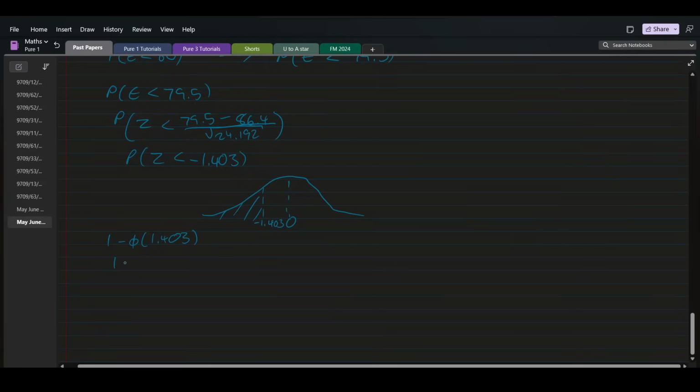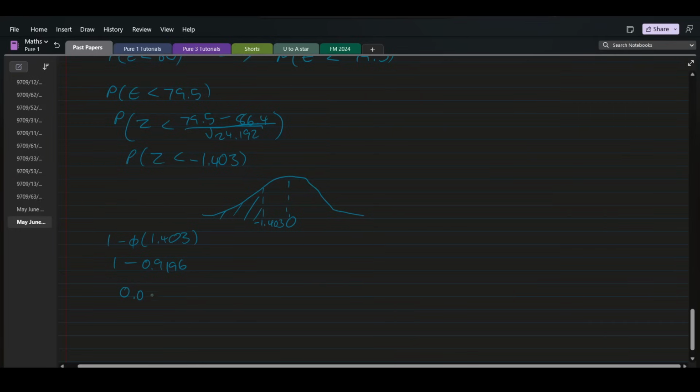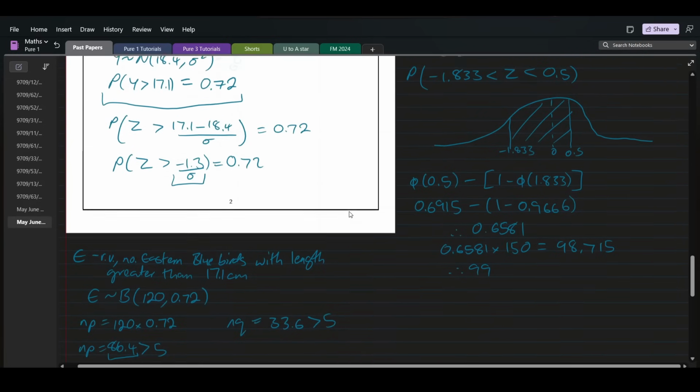You can read off the value from the normal distribution table. That's 0.9196. So 1 minus 0.9196 gives us 0.0804, and this would be the final answer.